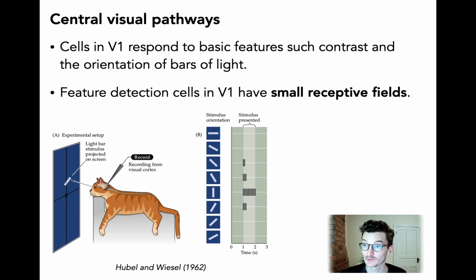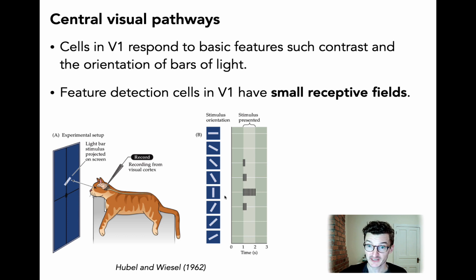And they found that there were neurons that responded specifically to very specific features of objects, such as the orientation of angled bars of light. And that's what we see in this image. This particular neuron that they're recording from really likes light that is oriented vertically. So it fires the most for vertically oriented light. There'll be neurons that fire for light that's horizontally oriented, and neurons that fire for light that's angled.